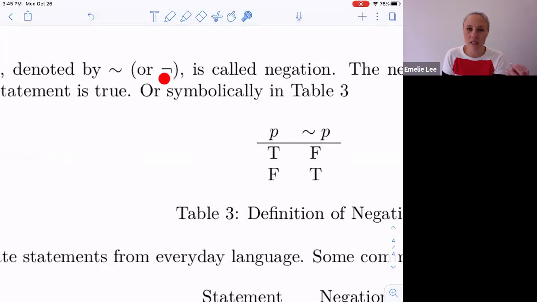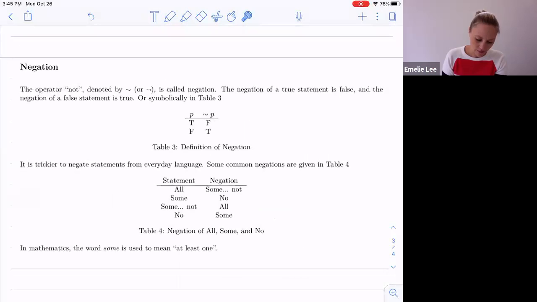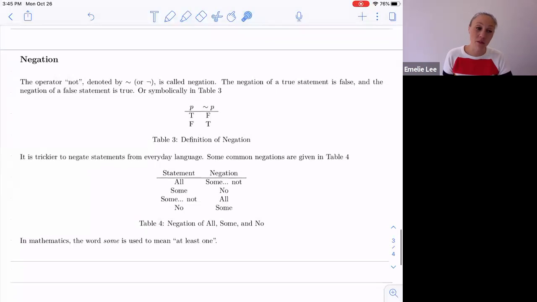But in case you ever see this little hook somewhere, that's also a negation. I like the squiggly line, it's nicer looking, and it's more kind of whimsical. And that's important in logic.